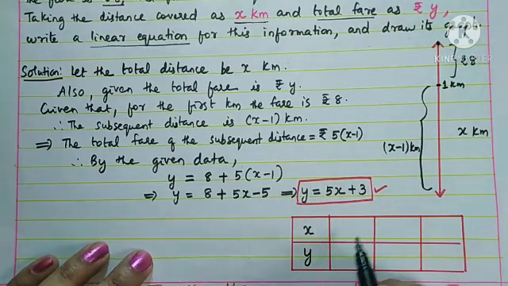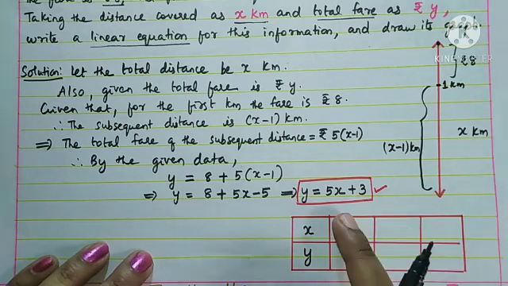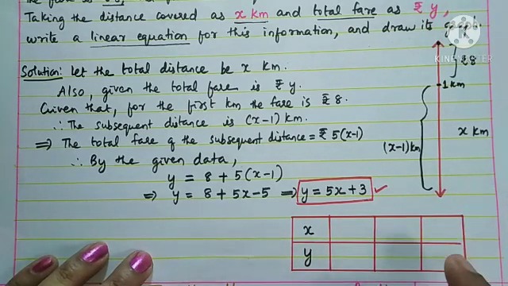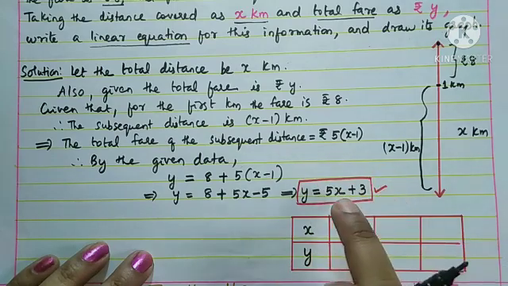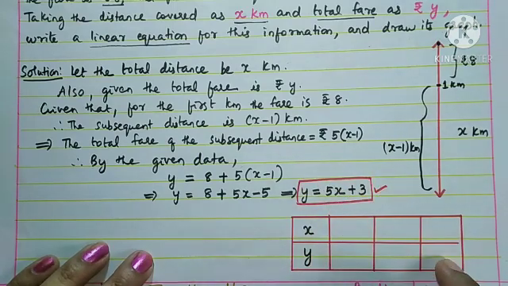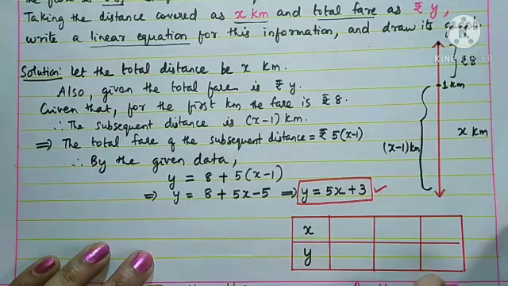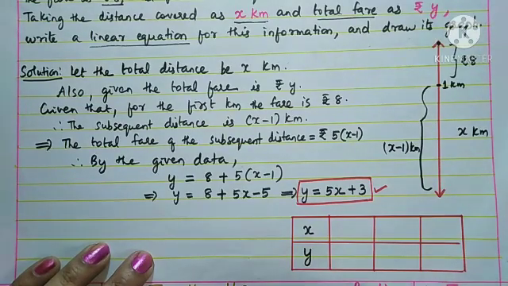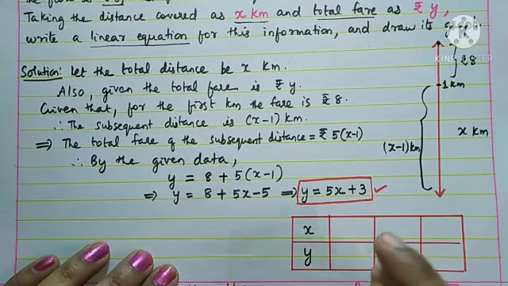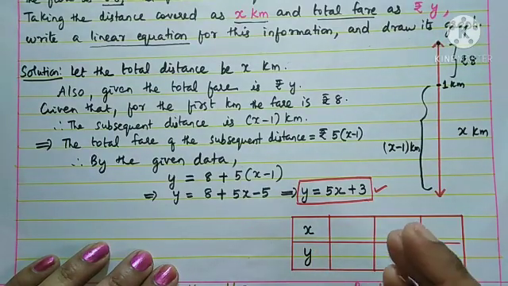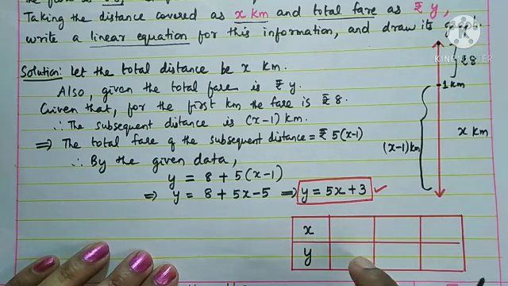You see, x is our choice. We can take any values for x, and correspondingly using this equation, we find the values of y. Okay, and for finding the coordinates of any given equation, we can use 0, negative values, or positive values for x, and we can find the corresponding value of y.